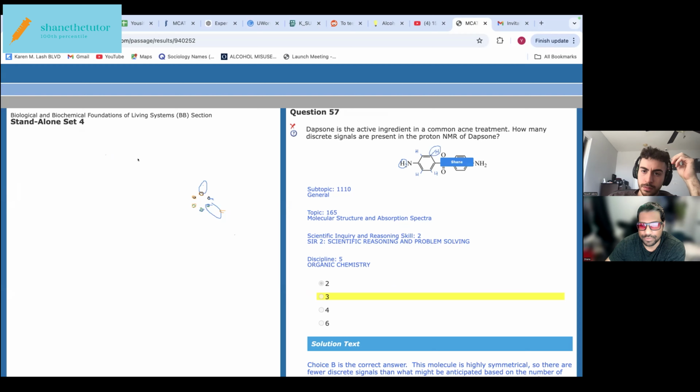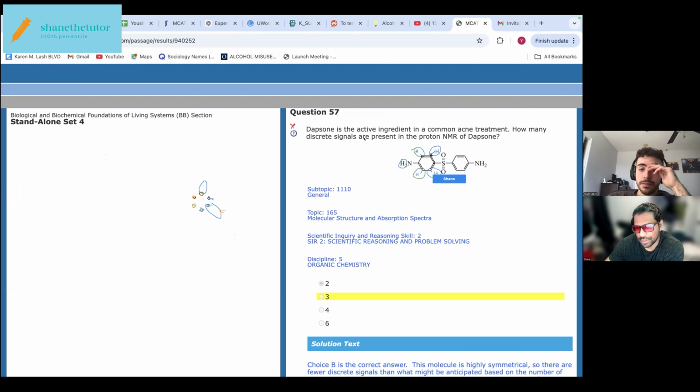this is equivalent to this. And I'll use green. This is equivalent to this, right? Because this one is bound to this carbon that's bound to the sulfur, and it's also bound to this carbon, which is bound to just a hydrogen.